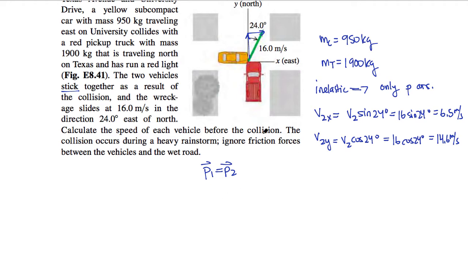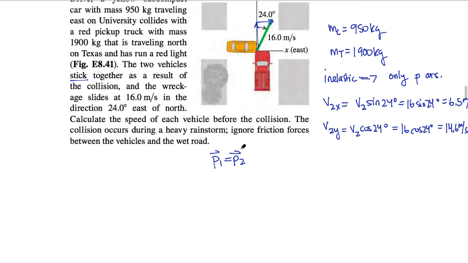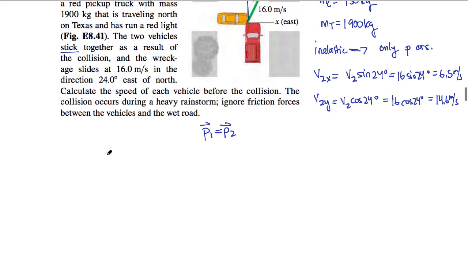So now I'm going to go to my conservation of momentum, and I know that I have to do this in 2 parts. So I have to do a Y and an X separately. So for the X direction, my initial and final momentum will be the same. And so I break this into a few parts.